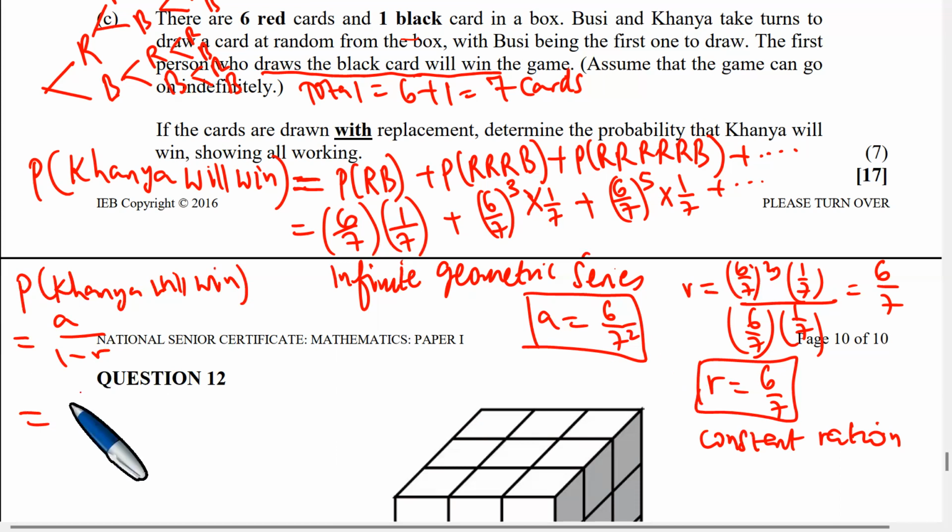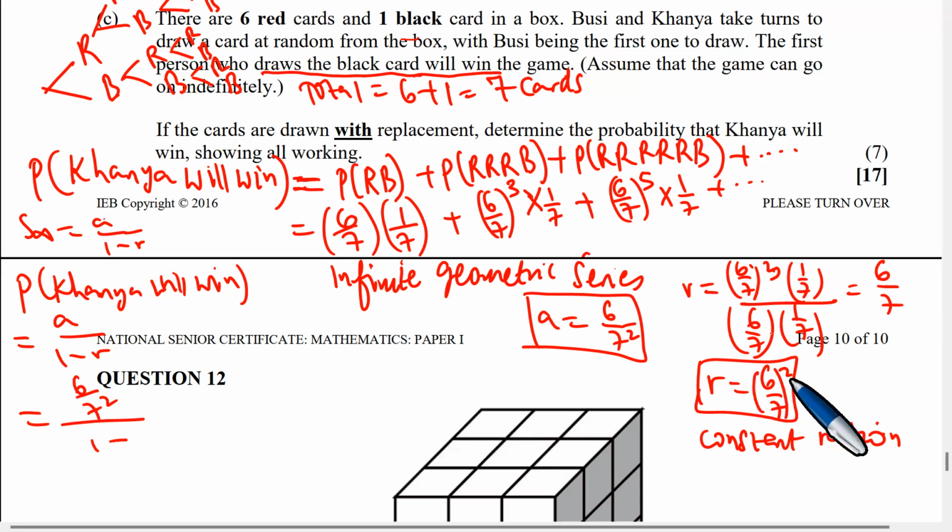Because this is the formula for the infinite geometric series that is convergent, the first term is 6 out of 7 squared, divided by 1 minus the constant ratio. The constant ratio is going to become squared here.